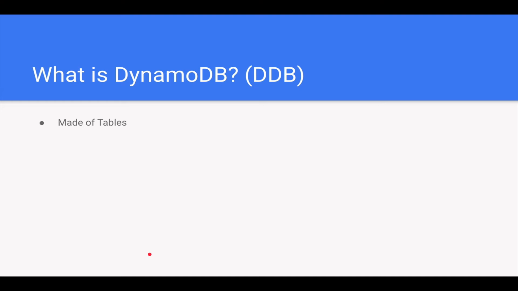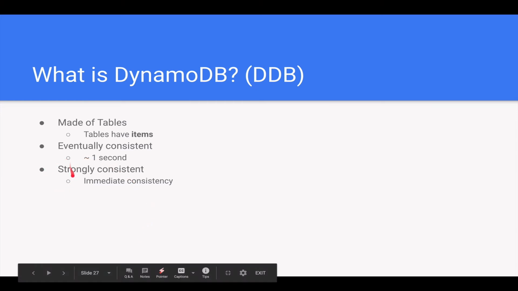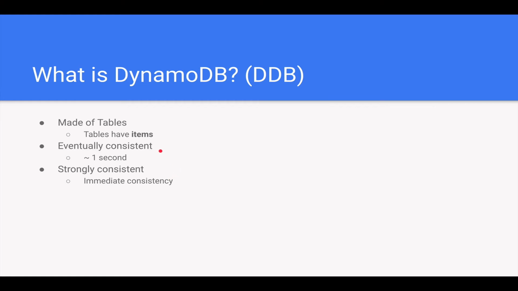DynamoDB is made of tables, and this is very, very important. It's sort of a strange thing to think about, where you have a NoSQL database, but it's made of tables. It's really just their internal naming for what these things are. But tables have items, and there is a consistency model to these tables. So eventually consistent, and these consistency models are very important. They're going to be on your final.